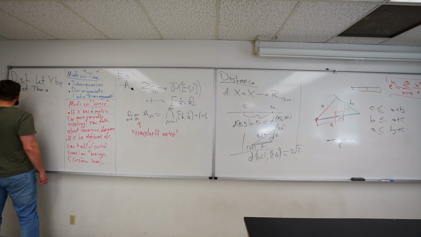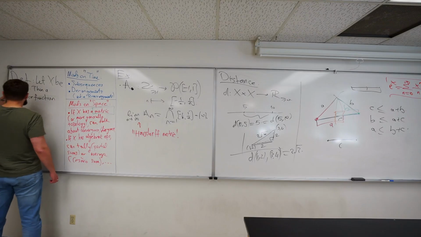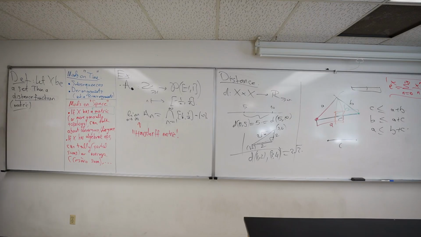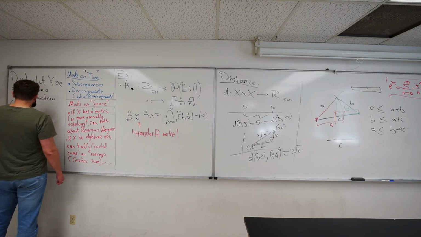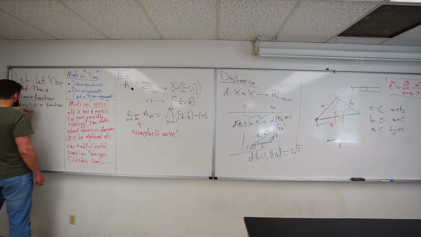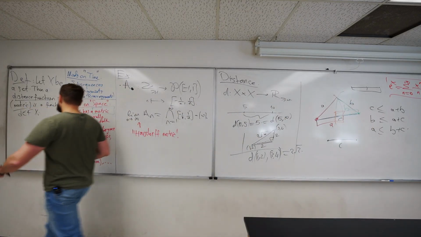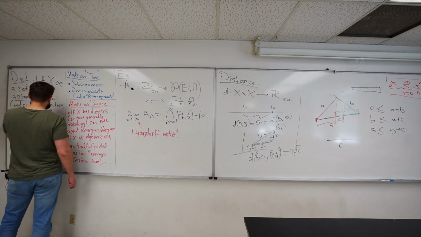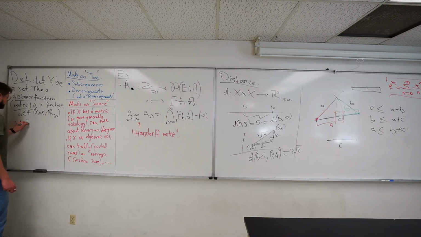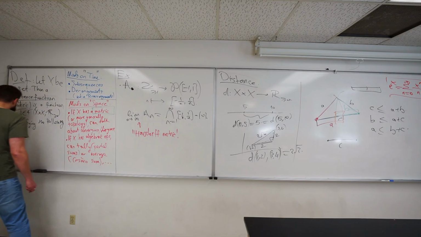Then a distance function or metric, something that allows you to measure things, to measure distances, is a function d, which is a function like so, from X times X taking values in the non-negative reals, satisfying the following 3 axioms.